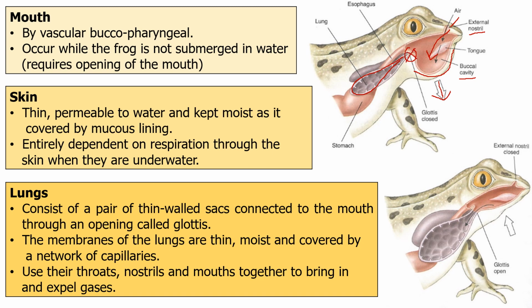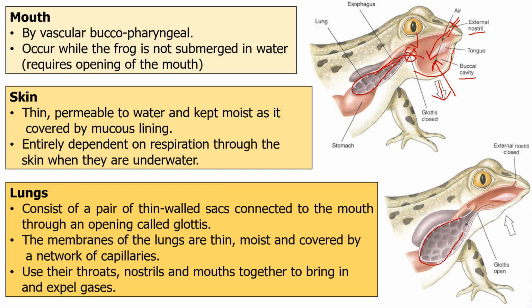Okay, so after the air enters the buccal cavity, it will close its nose, and then the buccopharyngeal floor will move upwards, the glottis is open, and then air enters the lungs. So the lungs will expand when air enters into them, and then the lungs will contract.